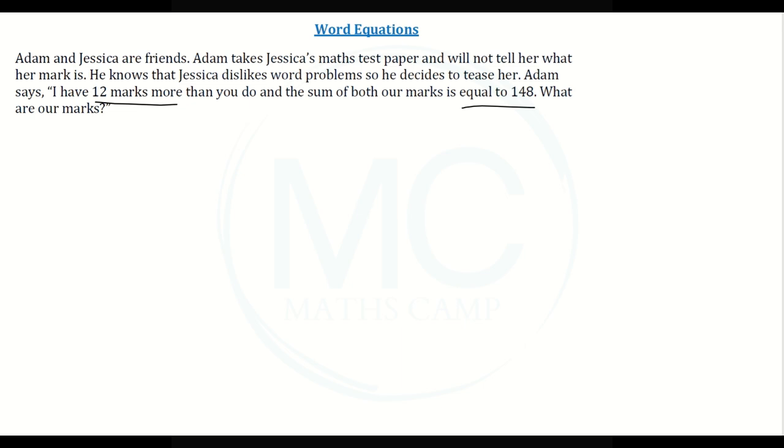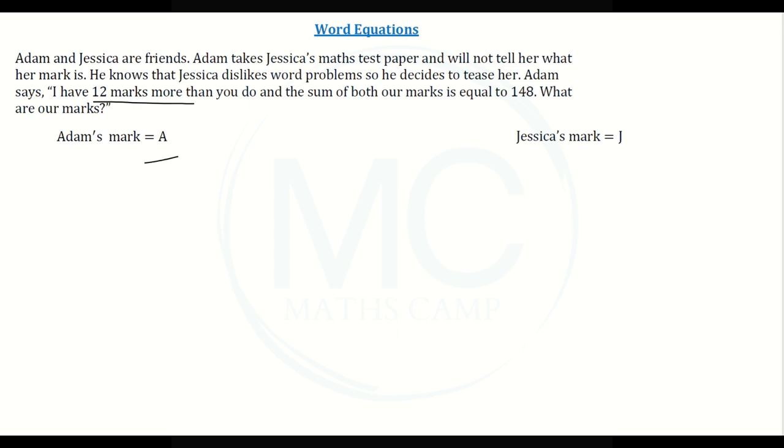What are our marks? Let's start by assigning variables to the marks. Let's say that Adam's mark is A and Jessica's mark is J. Adam says, I have 12 marks more than you do.